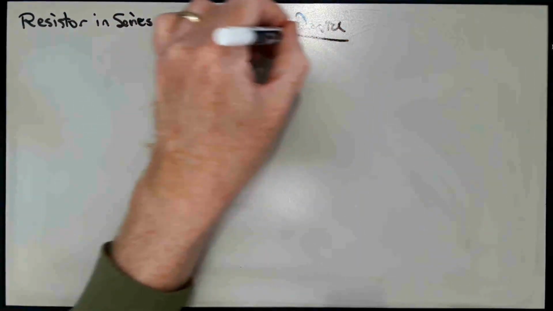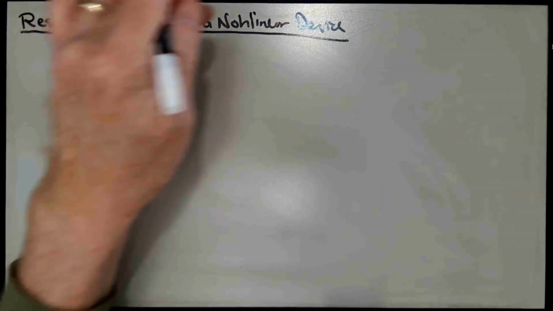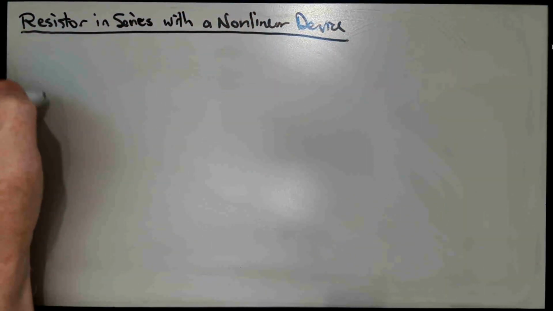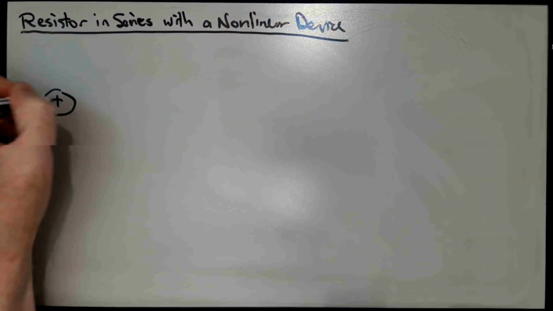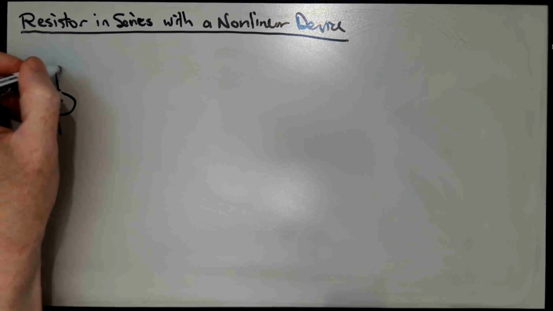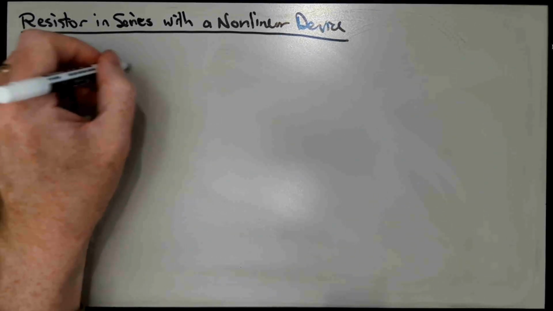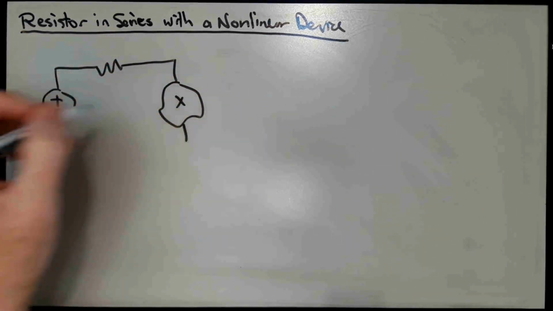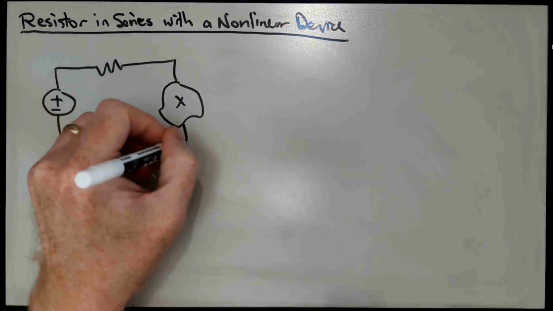Hopefully this won't take too long. So we're going to consider having, say, a voltage source, a resistor, and some device, which we're not specifying, X, connected up like this.